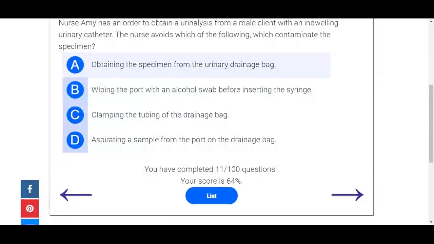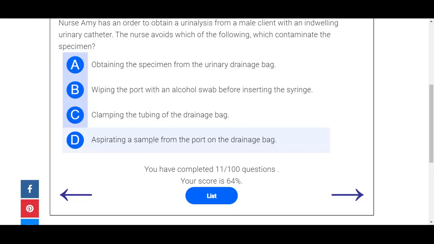Okay, so take note. Wiping the port with an alcohol swab before inserting the syringe, this is good. Clamping the tubing of drainage bag, yeah, it's good because it protects it from spilling. Now we're up to two choices: obtaining specimen from urinary drainage bag and aspirating sample from the port of drainage bag.